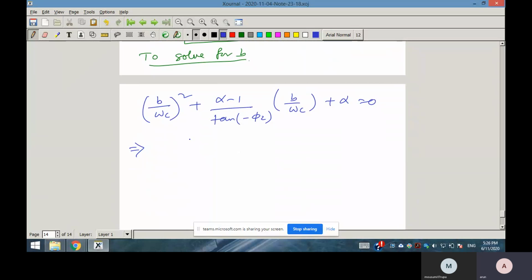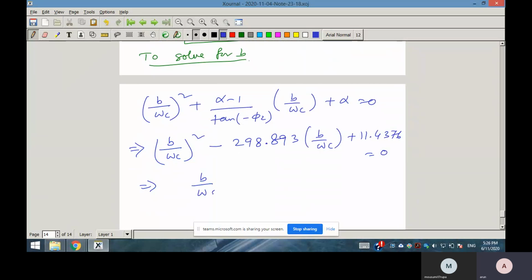So this is b by omega c square, minus 298.893 into b by omega c plus 11.4376, equal to 0. So this will give you b by omega c equal to 0.0383. So this will give you b equal to 0.2296.